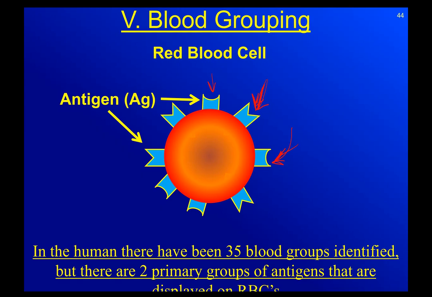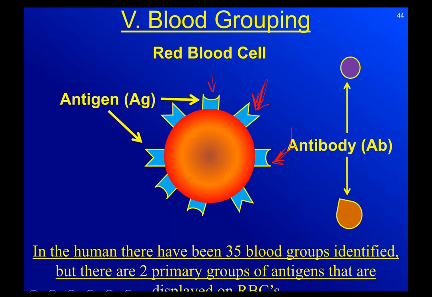That's why they're different from each other. And the antibodies are going to specifically bind to the one that they fit into. So this shape right here would actually fit into this shape right here, but it wouldn't fit into that shape right there, okay?